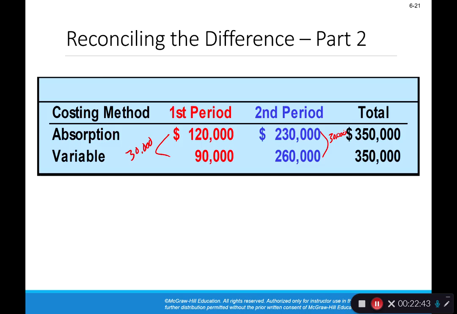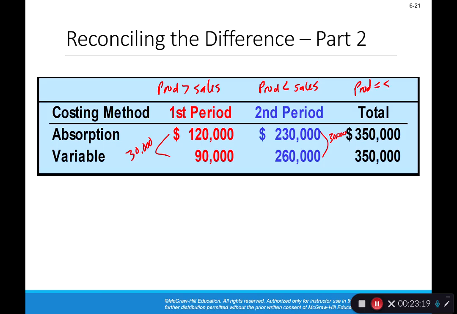So all that happens is in the first period, because we made more than we sold, some of the fixed overhead costs got stuck in inventory under absorption and wasn't expensed. That's why absorption income is higher in year one. In year two, when we produce less than we sell, then what happens is that previously stuck fixed overhead cost gets expensed under absorption, lowering its income compared to variable.